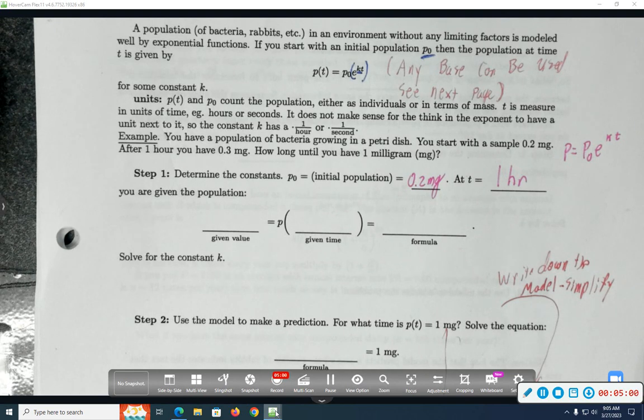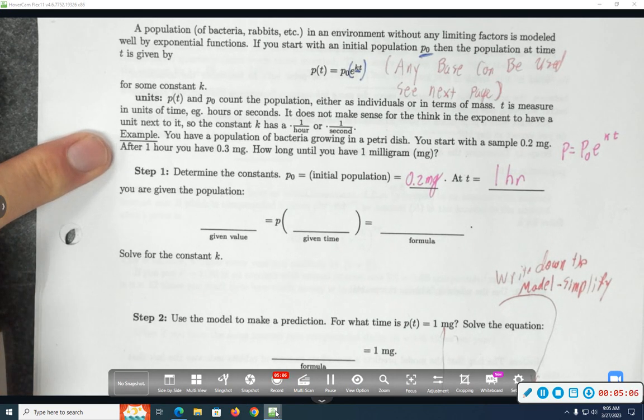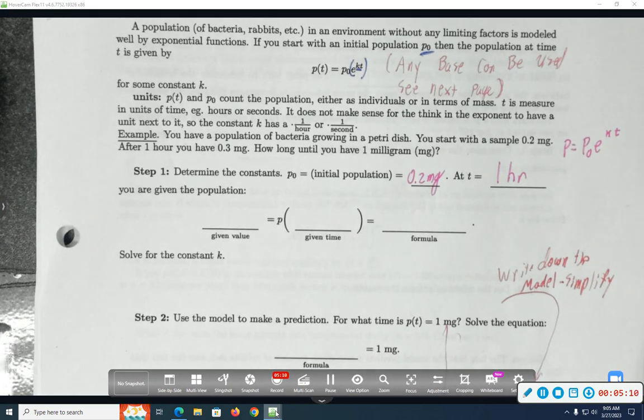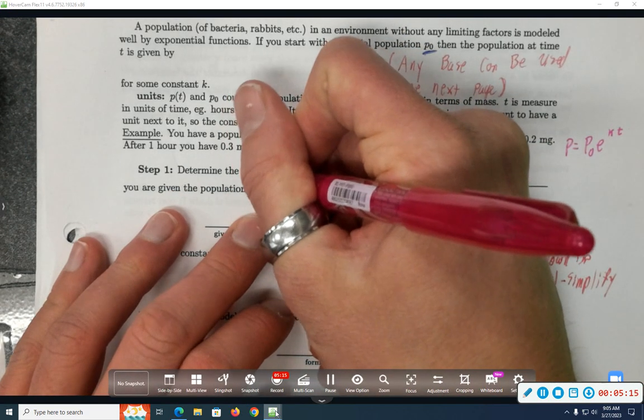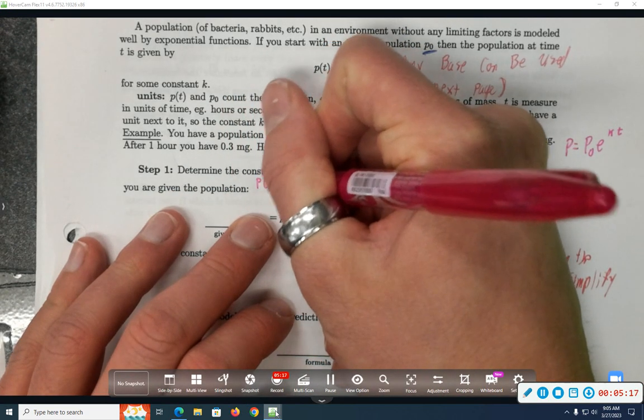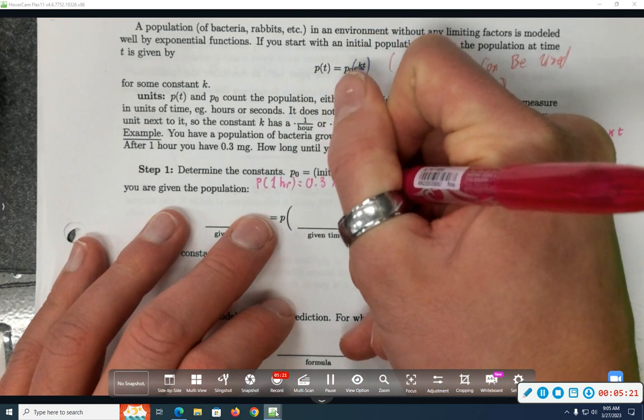So by reading the setup, what's the population at time equals 1 hour? 0.3 milligrams. So that means the population at time 1 hour is equal to 0.3 milligrams.